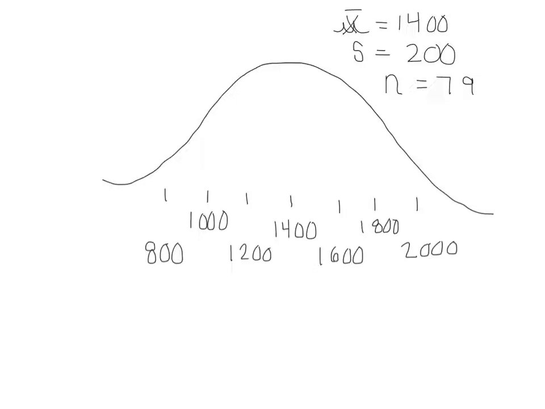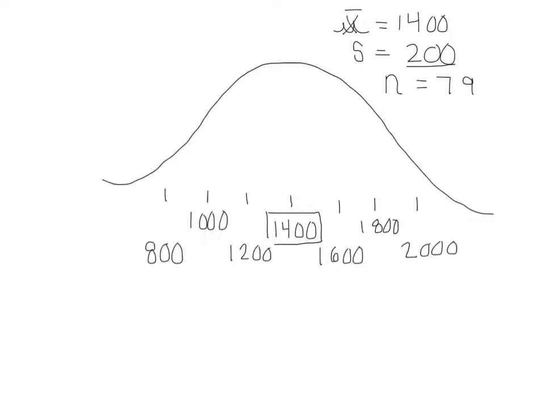Now you'll notice I've drawn a bell-shaped curve. We'll learn a lot more about this in a later unit. It's called a normal distribution. And whatever the mean is, that is always at the center of the distribution. So we were told that the mean is 1,400, therefore 1,400 is at the center. The standard deviation that we're given is 200.